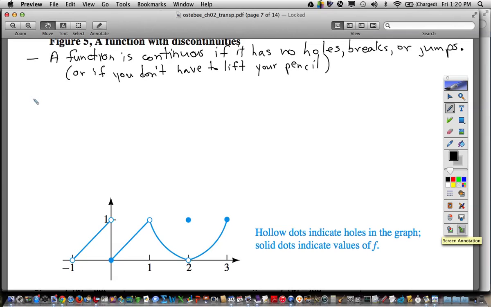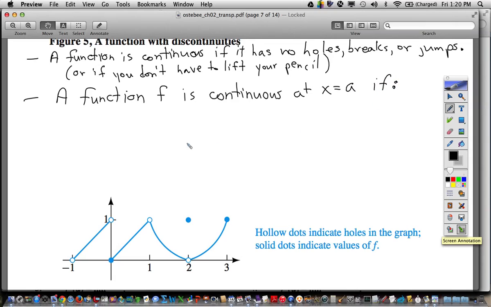Now, I want to give you the formal definition. This is what you have to know and memorize. Okay? A function f is continuous at x equals a if, and there's going to be three things. Now this is actually in your book on page 106, I believe.